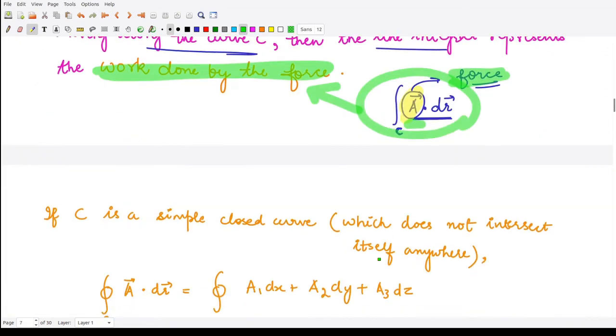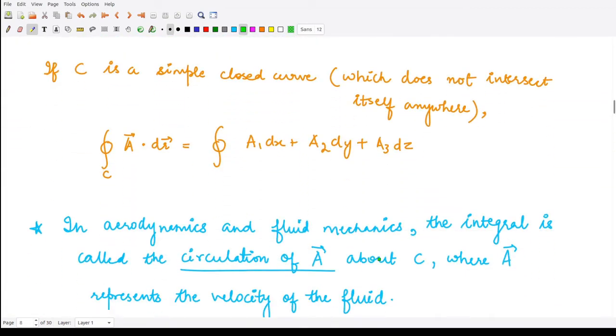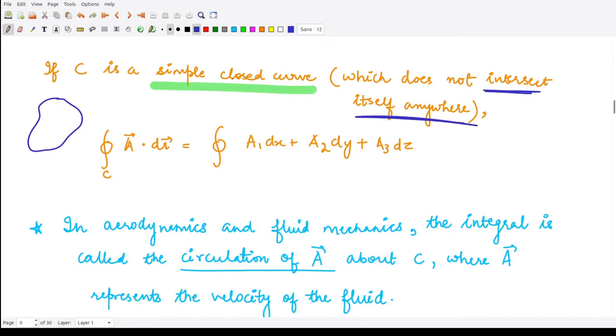Suppose we consider C to be some simple closed curve. What do we mean by a simple closed curve? It means you can draw the curve like this, such that the curve does not intersect itself, which is what we mean by simple, and moreover it should be closed.